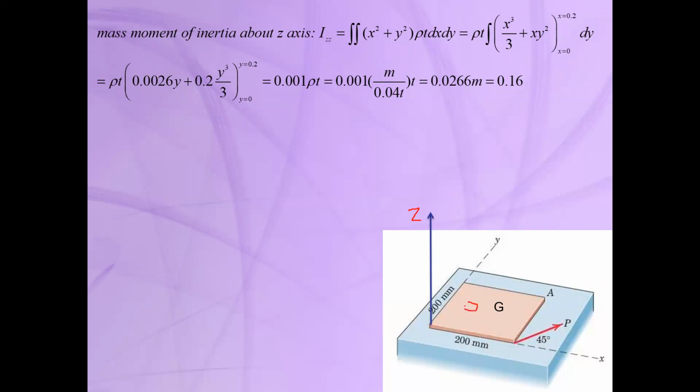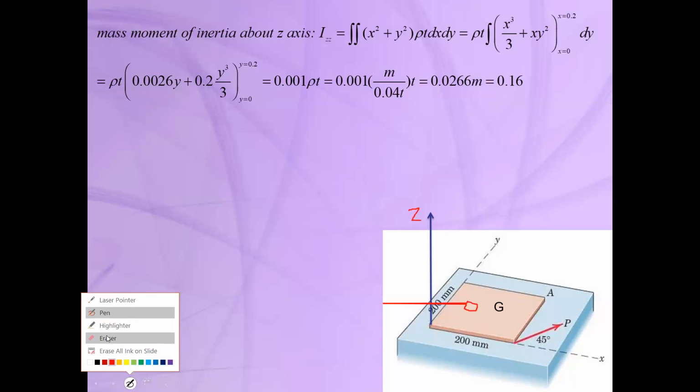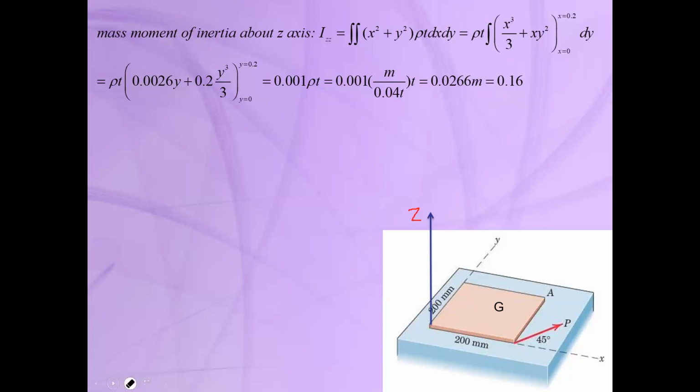Consider one element. This element has the dimension dx times dy. The thickness is t and the density is rho. The distance between the axis Z and the element is equal to the square root of x squared plus y squared.